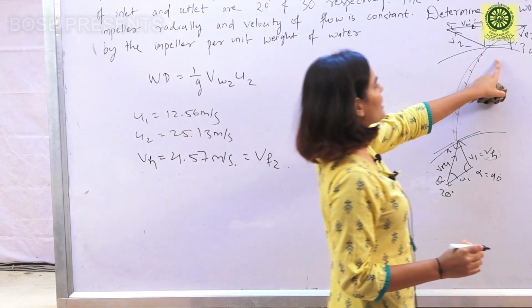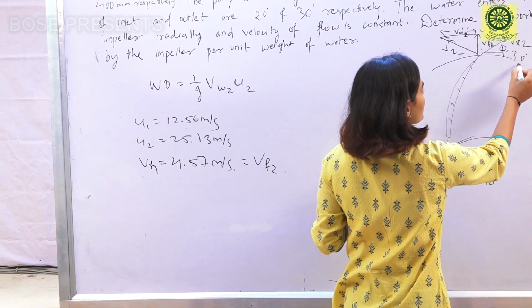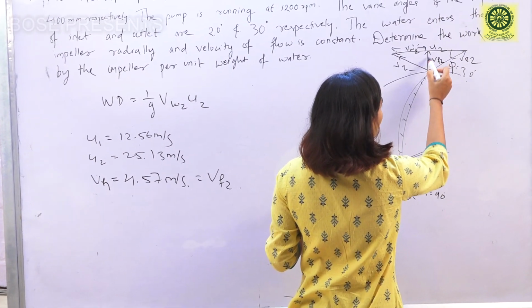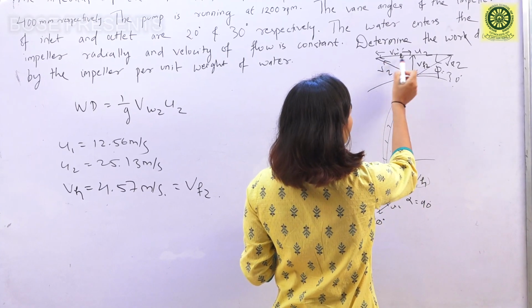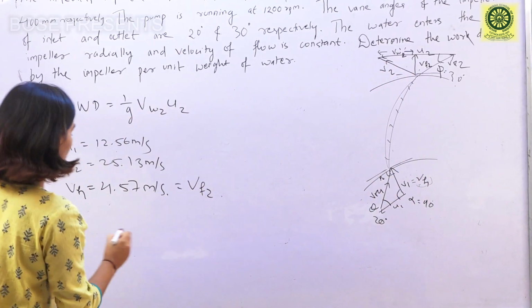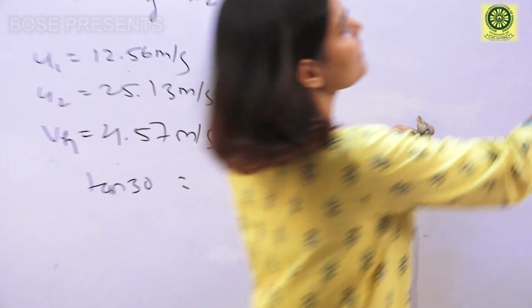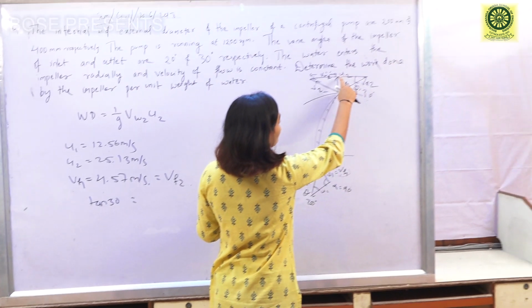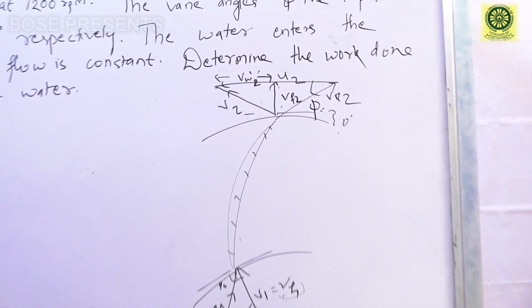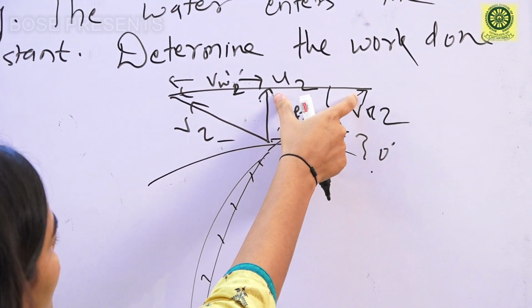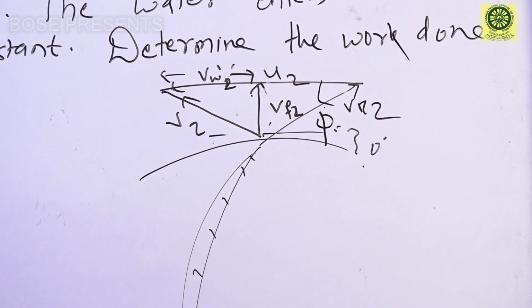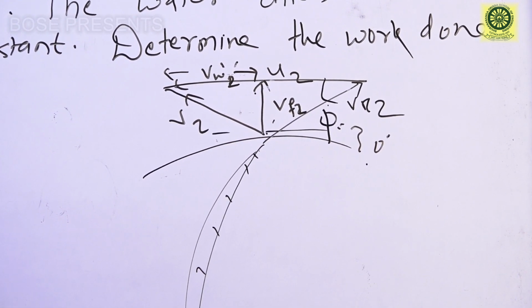Now, in this triangle, we know the value of the angle, which is 30 degree. We know the value of Vf2. We can find out the value of Vw2. So tan 30 degree will be equal to Vf2 divided by U2 minus Vw2.